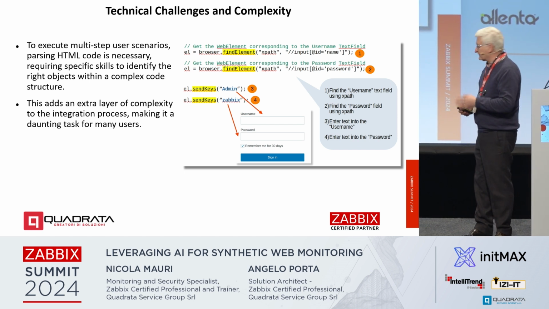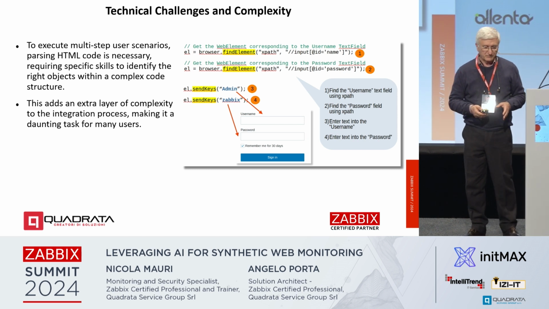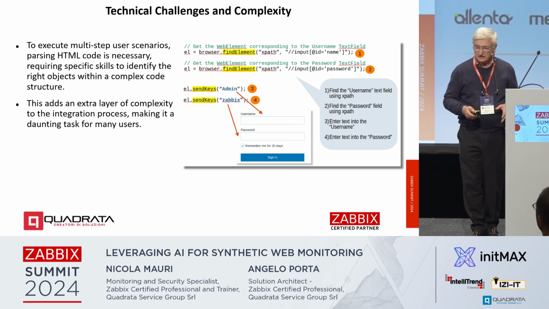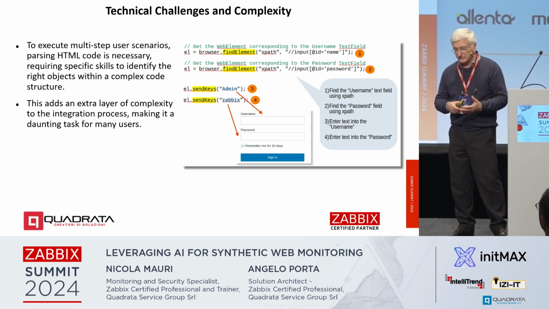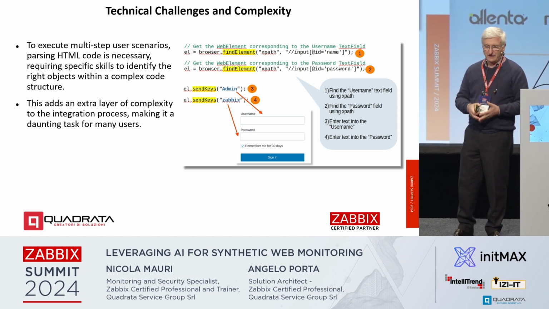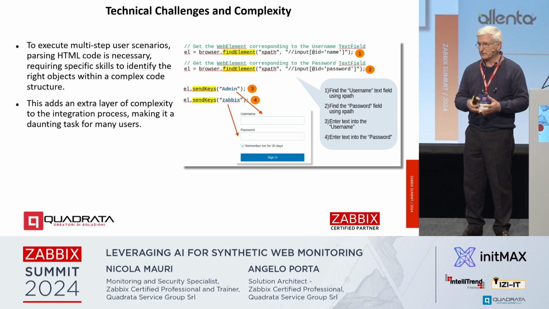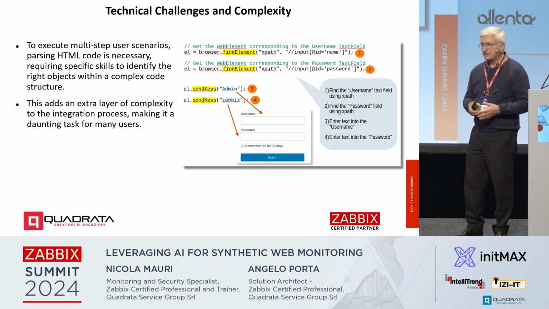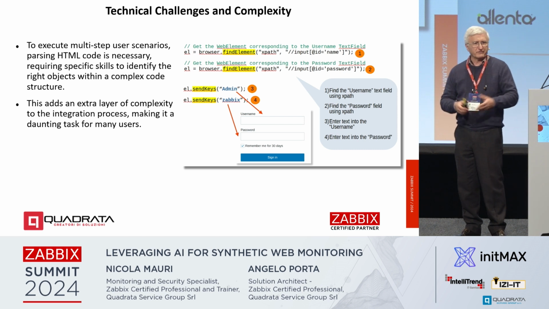But this is not the only problem that you have, because there is also the problem of the number of scenarios. As I told you before, for this customer we have more than 100 different, complex scenarios. This means that every time something changes, for whatever reason, it affects them.